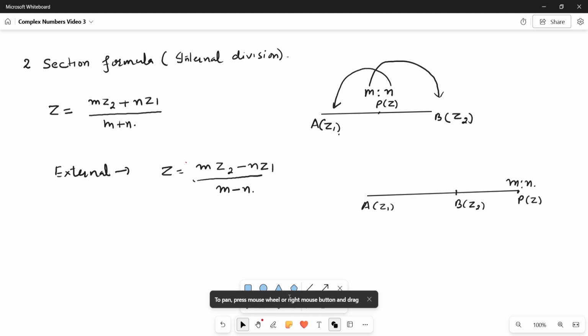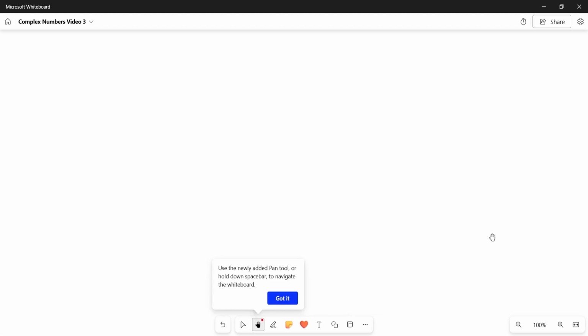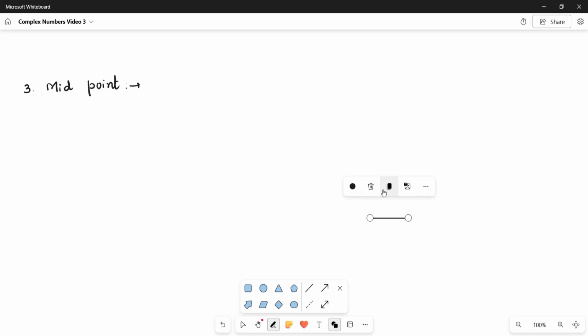And third is the midpoint. If we want to find the midpoint, here this is A point and this is B point. The Z2 complex number is represented by B, so let this be the midpoint.